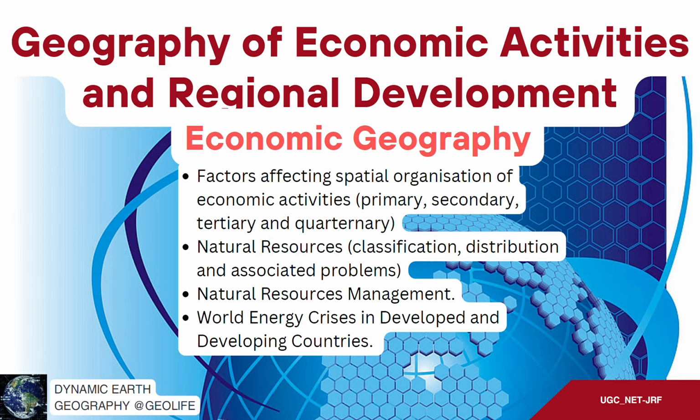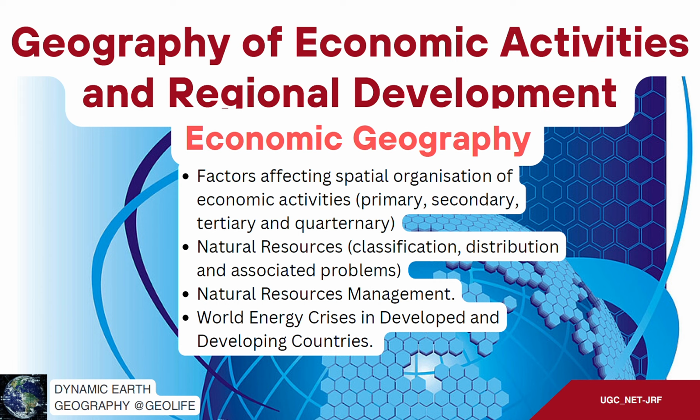So then geography of economic activities and regional development. This is also one of the largest units, which comprises 5 sections, namely economic geography, agriculture geography, industrial geography, geography of transport and trade, and finally regional development.